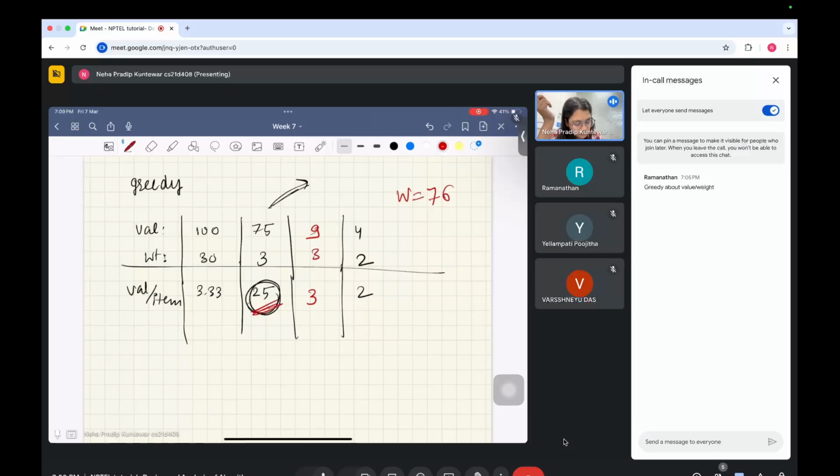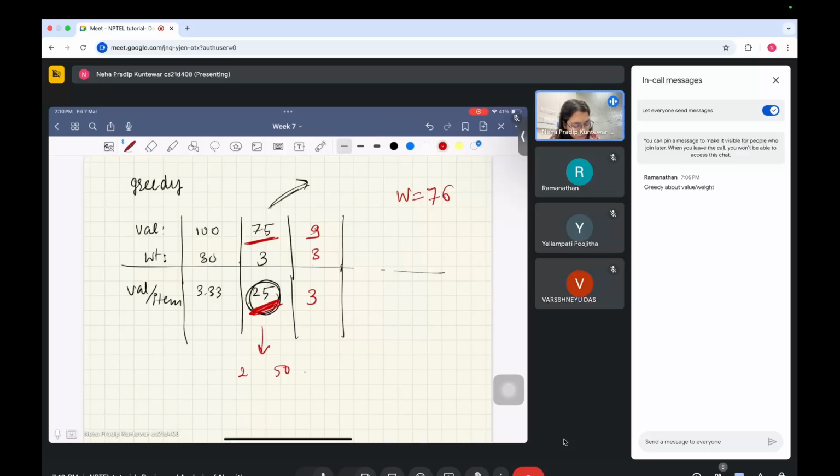I don't know if this is the exact counter example, but I'm trying to say that the problem will arise when, let's say you take 25 and you're going to take two items of these, and that will make a weight of 50. Let's say this does not exist for now.